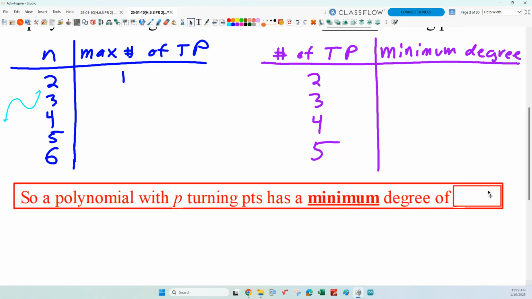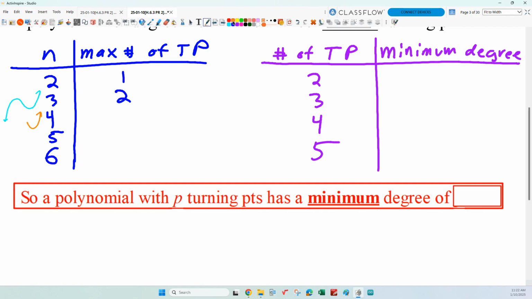Okay, so I bet you can see a trend here pretty quickly. What about a fourth degree polynomial? What do you think the maximum number of turning points is going to be? It's going to have to be 3, isn't it? And what would that one look like? Let's say it's positive, so it has to go up to the left and the right.